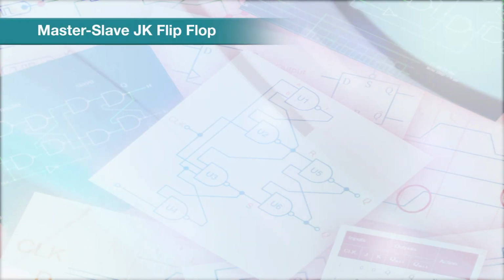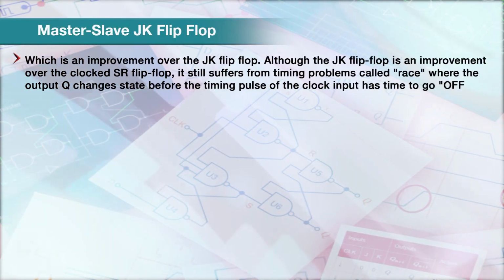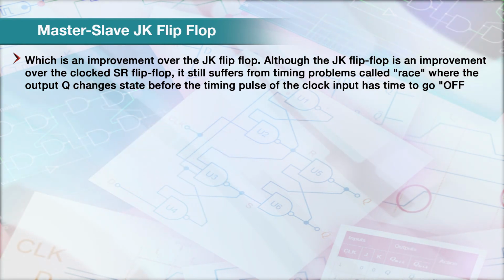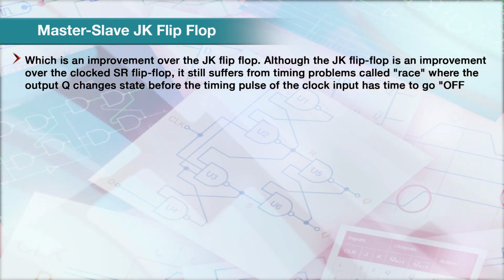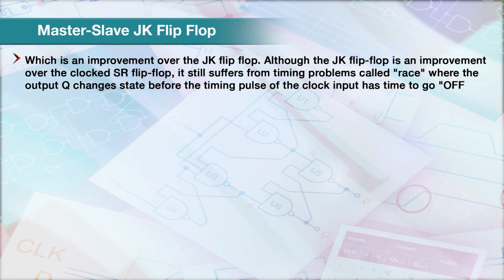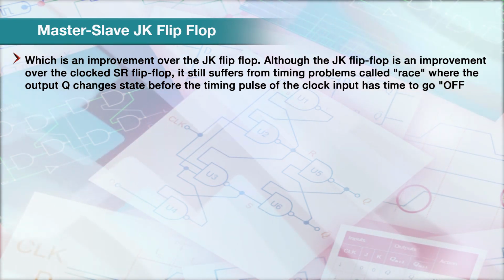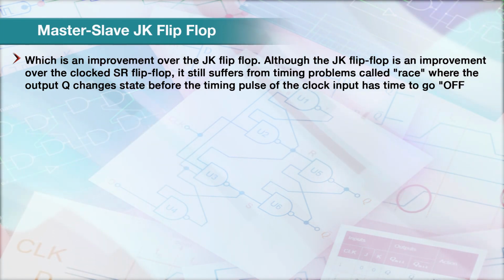Master slave JK flip flop, which is an improvement over the JK flip flop. Although the JK flip flop is an improvement over the clocked RS flip flop, it still suffers from a timing problem called race, where the output Q changes state before the timing pulse of the clock input has time to go off.